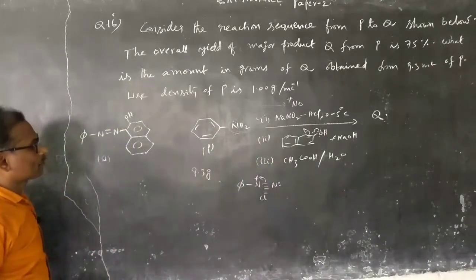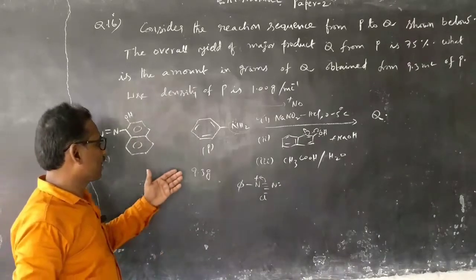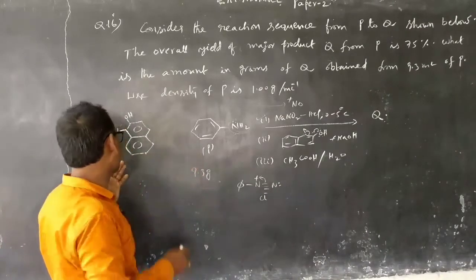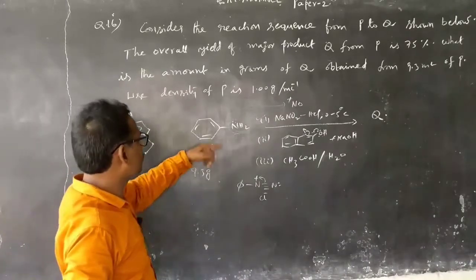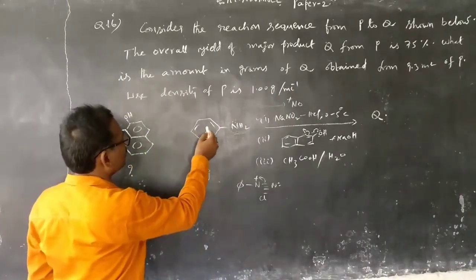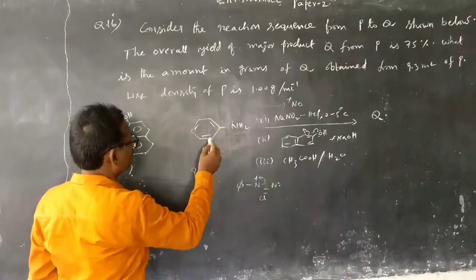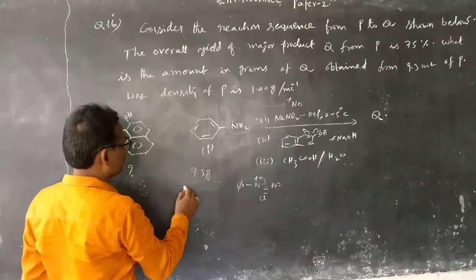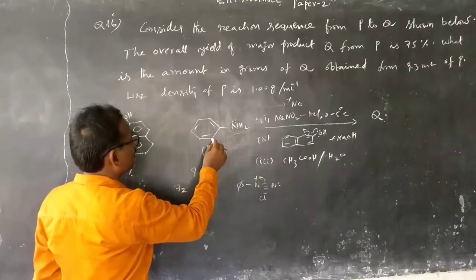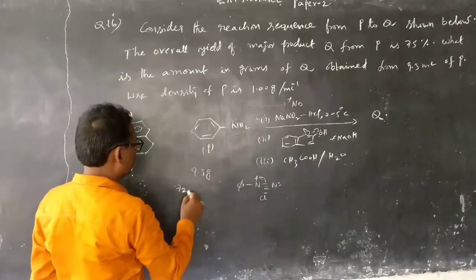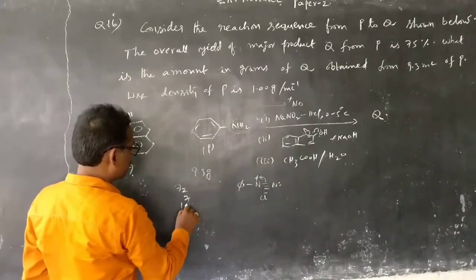Now for 9.3 grams of this reactant, how many grams of Q will be formed? That is the question. What is the molar mass of aniline? Six carbons, 12 times 6 is 72, and hydrogens are 5 plus 2, 7 hydrogens, and 1 nitrogen, 14.